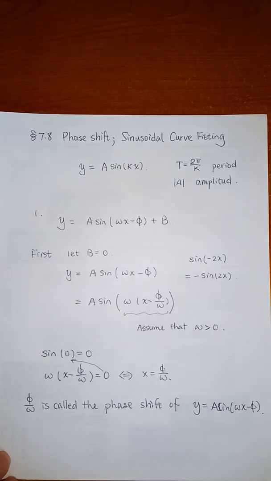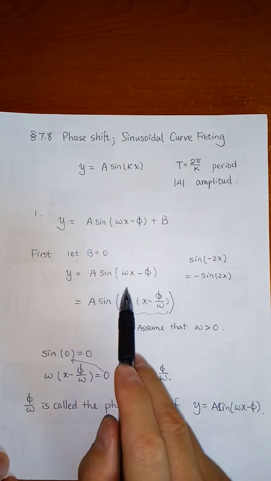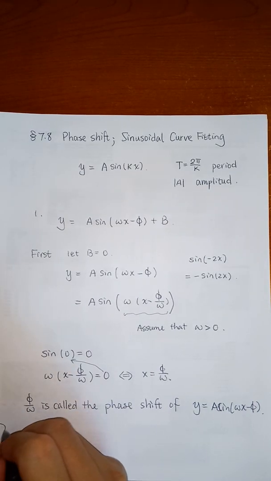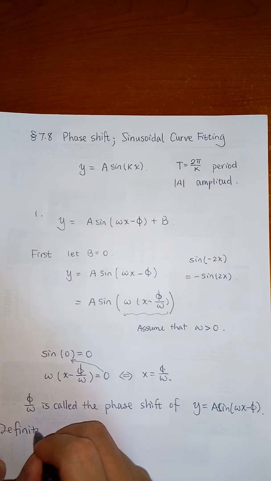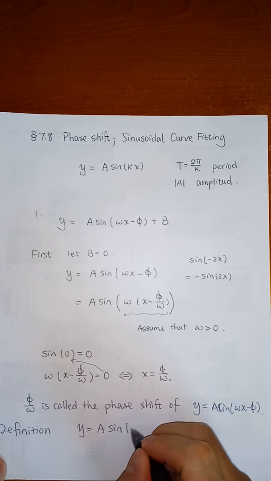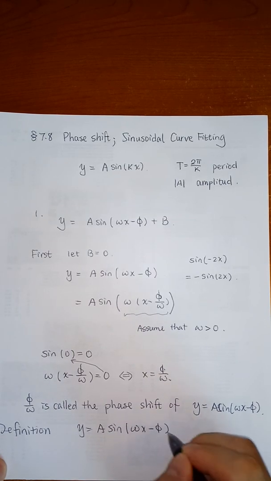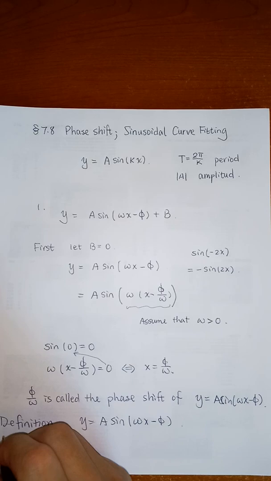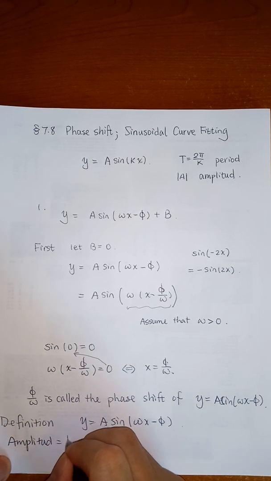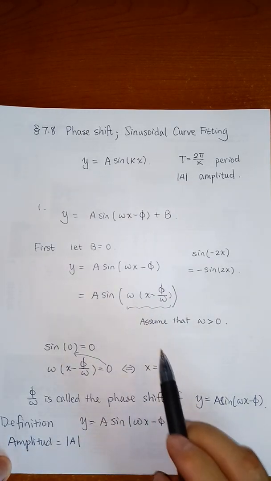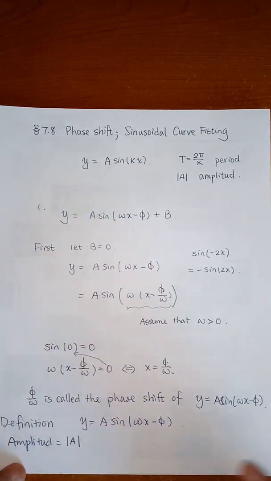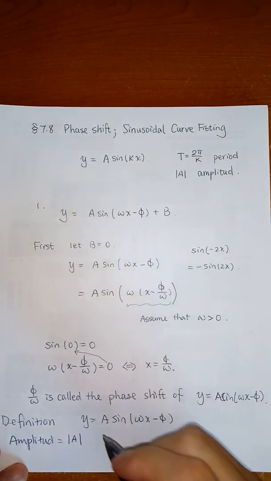So in the expression y equal to a sine omega x minus phi, we have three concepts. Amplitude, the absolute value of a. Remember, you may move the negative sign forward, so this a can be positive or negative, so we take the absolute value, and it's called amplitude.